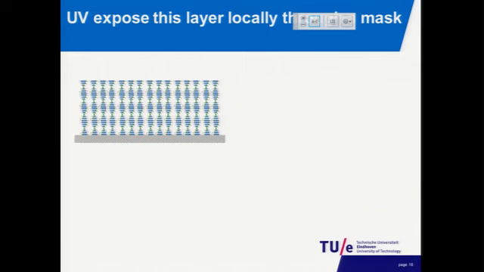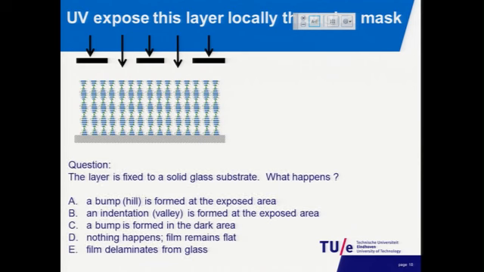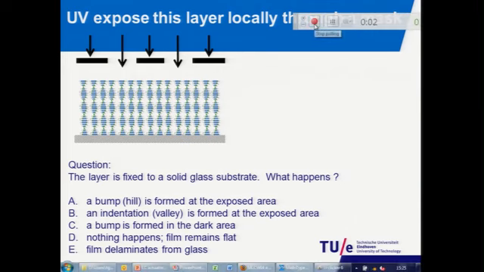So now we have this system. We make a cholesteric film like this, and we are going to expose this through a mask. So that brings me to the next question. What will happen? Will it form bumps at the exposed areas, or will it form an indentation here?